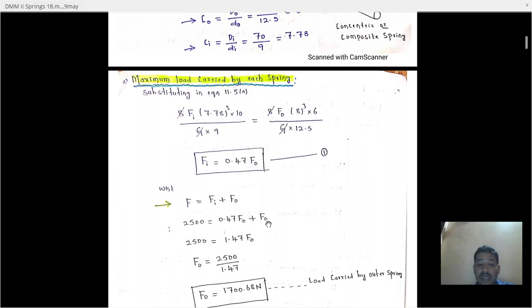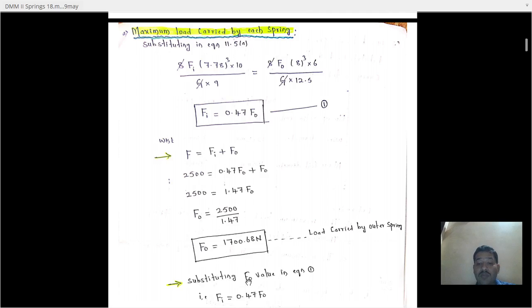So in this case we need to add: 1 plus 0.47 should be 1.47 Fo. After that, if you divide 2500 by 1.47, then you will get 1700.68 Newton. So this means the load carried by the outer of the spring, we got it.